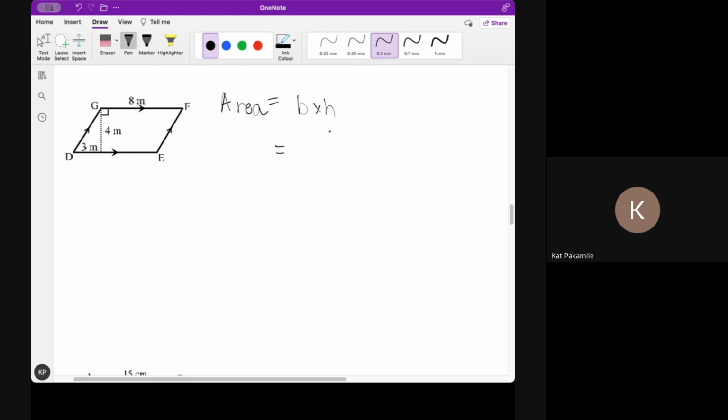Great. Now, what is my base in this case for this parallelogram? That's the base for the whole parallelogram. It's 8. Okay, the base is 8. Now, I think we're struggling a bit to see the base if it's on the other side.